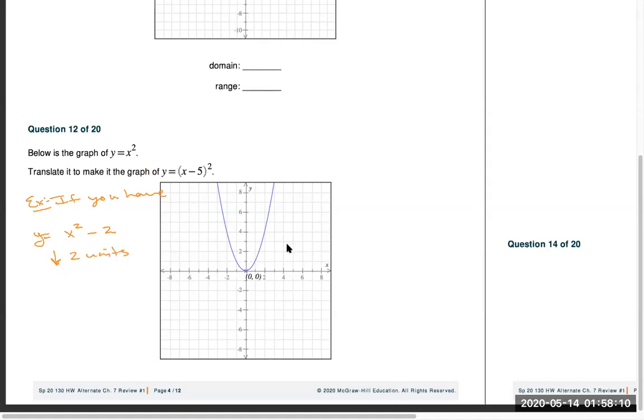See the whiteboard from earlier? So you see this point, move down by 2. This point here, move down by 2. This point here, move down by 2.